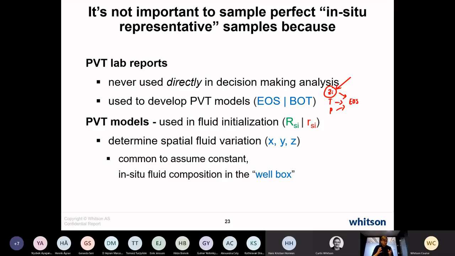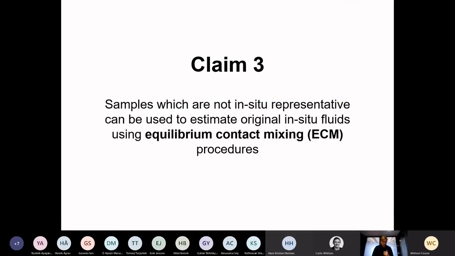And in some cases, it depends on the complexity of the reservoir, where you are in the world, the amount of money you have available, etc. It's sometimes also common to assume a constant in situ fluid composition in the wellbore. But that's different from a very complex reservoir to a more simple system.